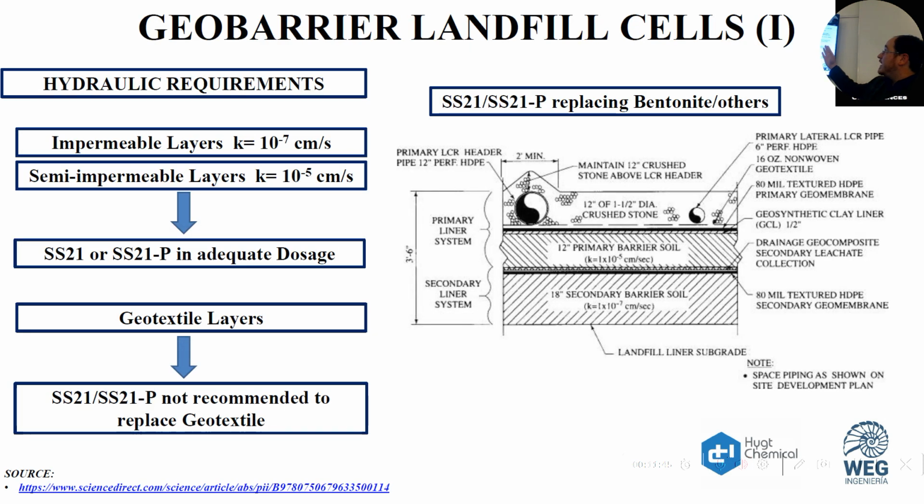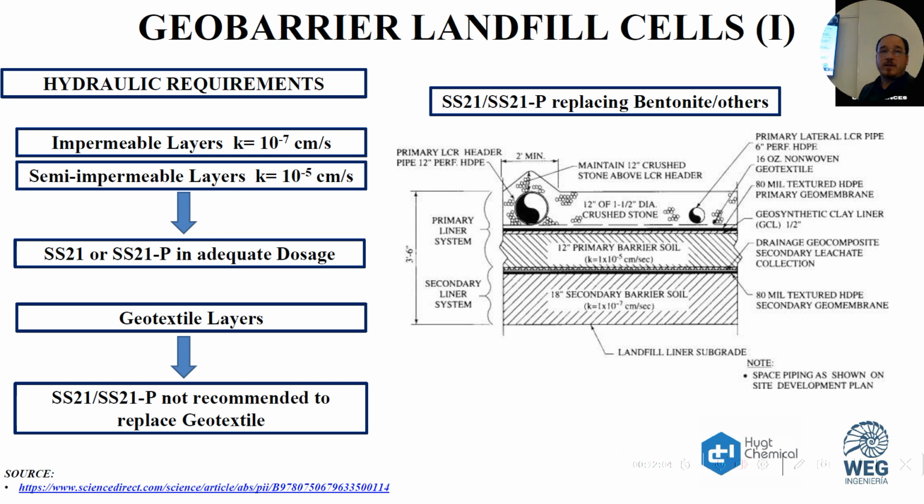So this is a typical geobarrier landfill cell. As you can see, there are semi-permeable soils and impermeable layers. We take 10 to the -7 as impermeable, and we have several geotextile membranes.